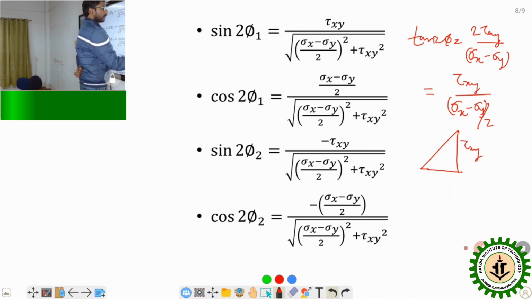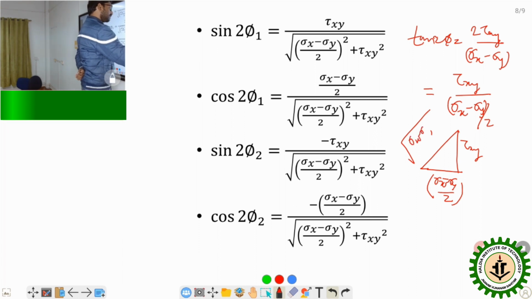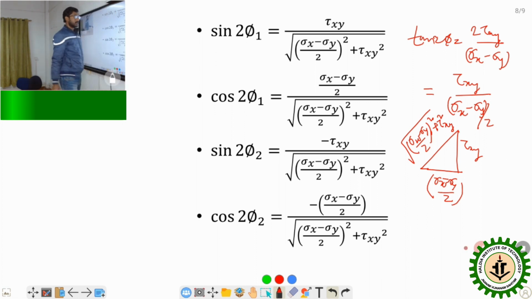If it is tau xy, this is sigma x minus sigma y by 2, sigma x minus sigma y by 2 whole square plus tau xy square. So from this, if we want to calculate sine 2 phi 1, that will be tau xy divided by under root sigma x minus sigma y by 2 whole square plus tau xy square. Similarly, cos 2 phi 1 is sigma x minus sigma y by 2 divided by under root sigma x minus sigma y by 2 whole square plus tau xy square.